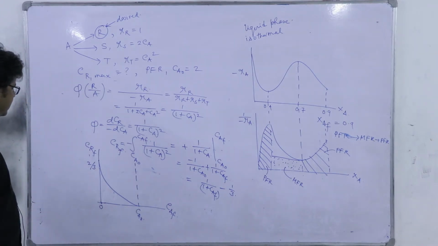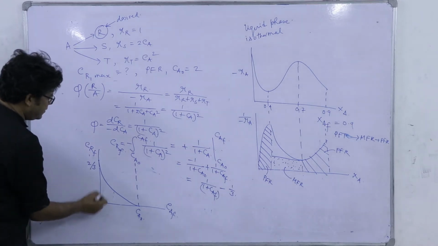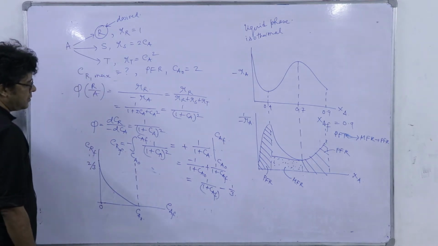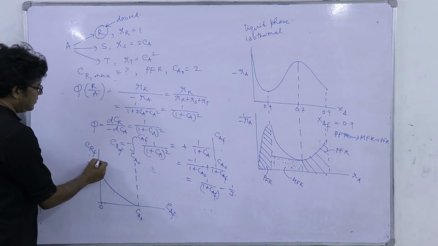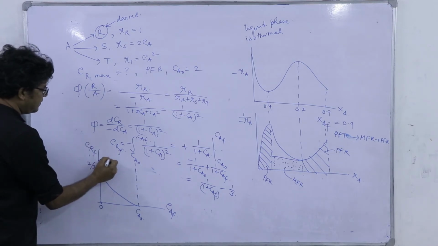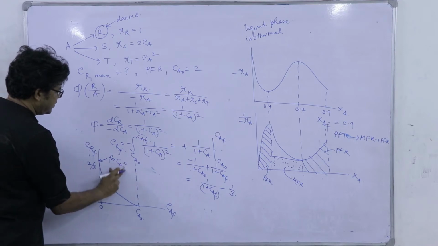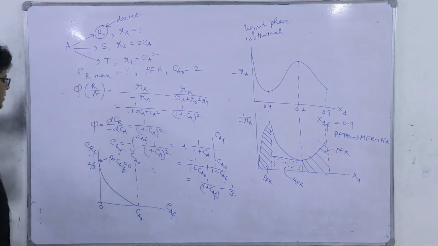So, when CA0 is 0, then it will be equal to 2/3. So, that is basically the maximum CRF for CA0 or CAF equal to 0, right.